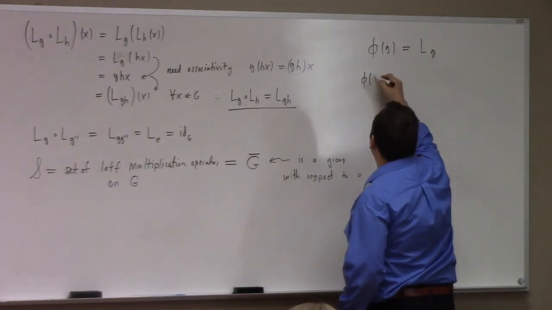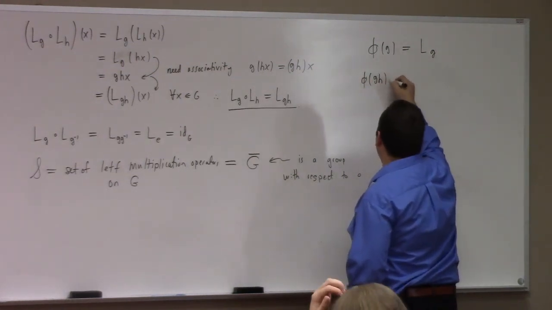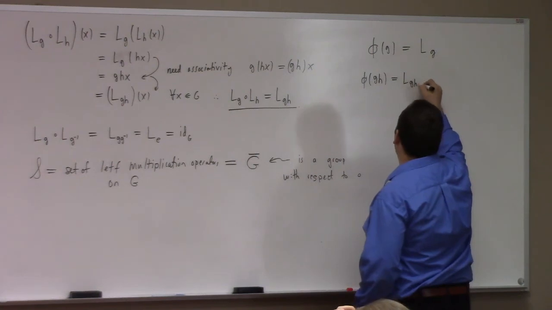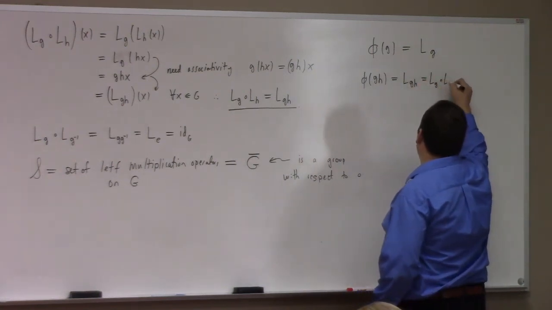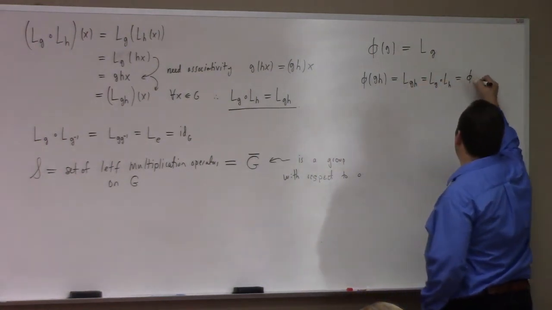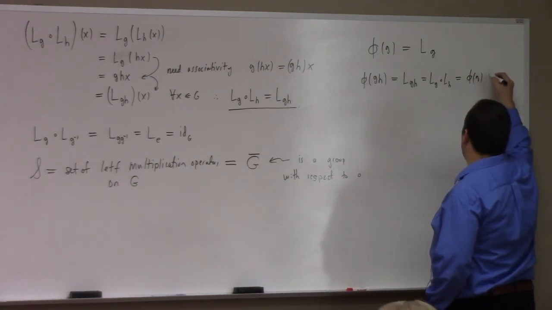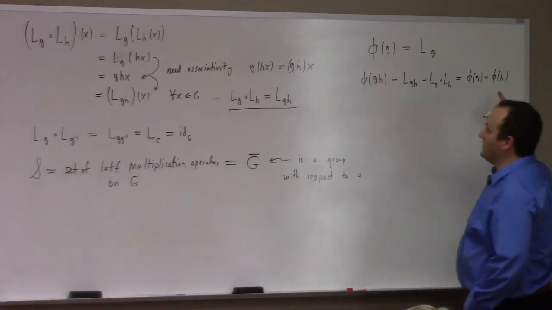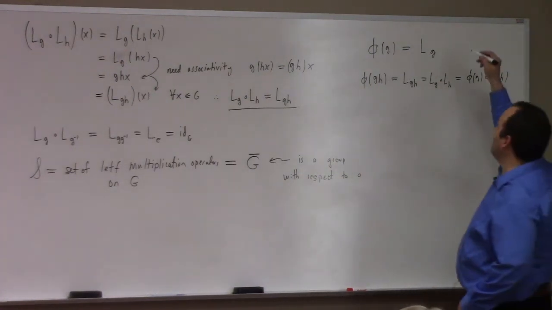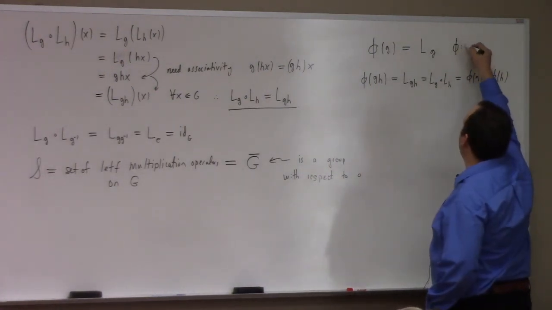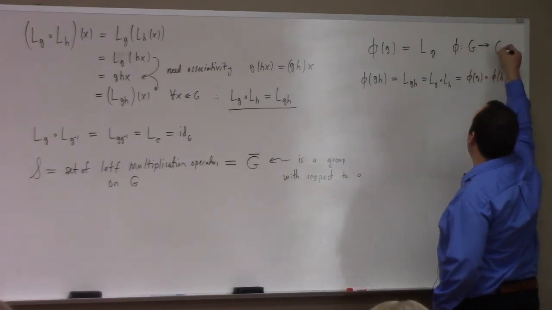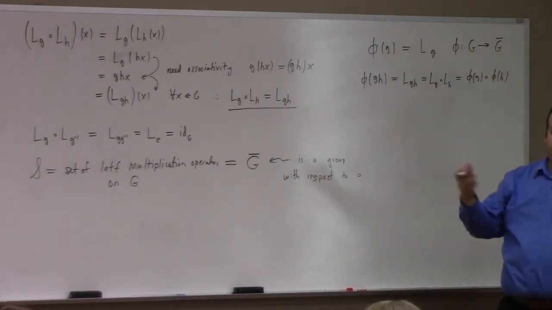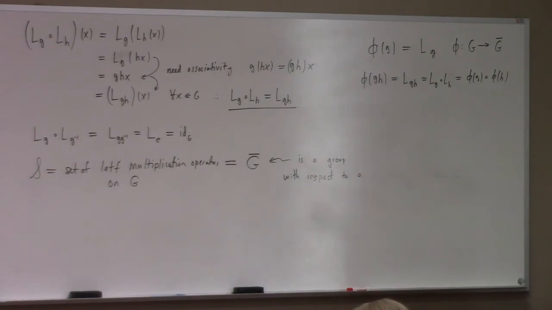So if I look at phi of gh, well, that's equal to L of gh, which is equal to L_g composed with L_h, which, by the way, is phi of g composed with phi of h. What's that show? It's operation preserving, this mapping phi. Where's phi going from? It's mapping from G to G bar. It's operation preserving. What's its kernel?